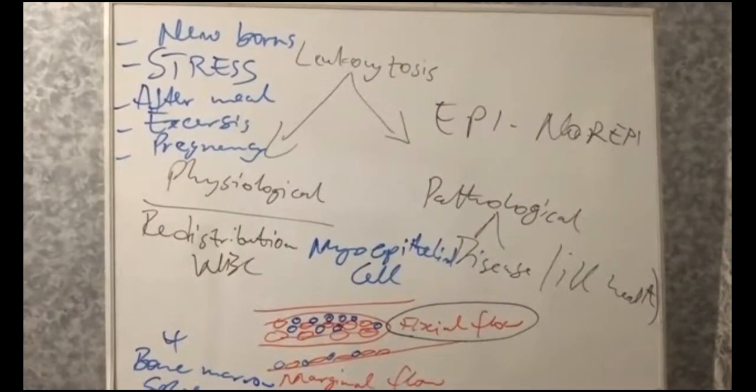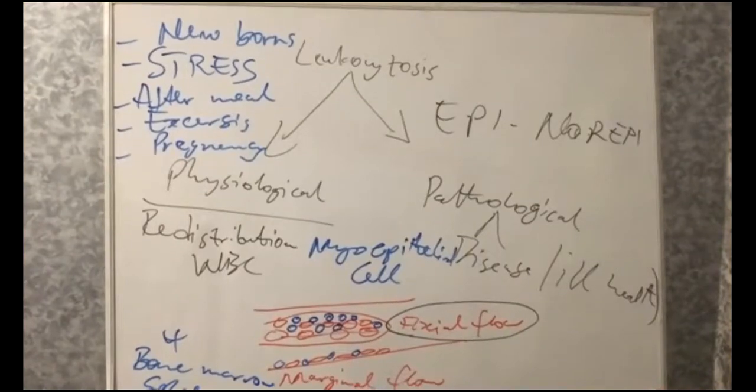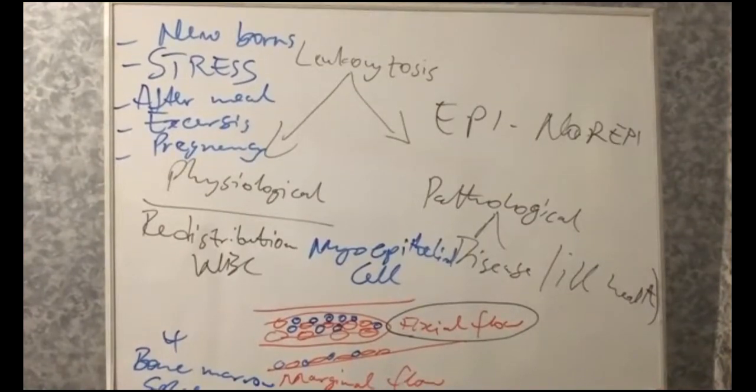So in the physiological one, it is not because the bone marrow is producing new cells. Normally the bone marrow produces the white blood cells. In people who are sick, some cytokines are produced and sent to the bone marrow to start producing new white blood cells. So in the disease or pathological state, there will be production of new white blood cells. But in the physiological state, there is no production of new white blood cells.